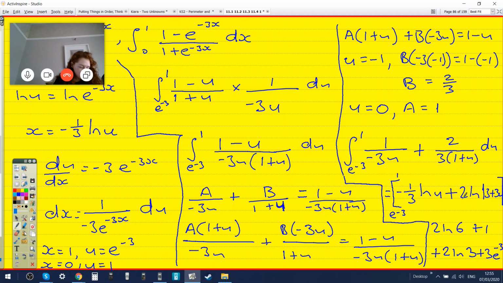Ln what equals 1? So that could be ln 36, ln e, ln 6. No, that's just one big thing in there. And e to the minus 3 is the same as 1 over e to the plus 3.